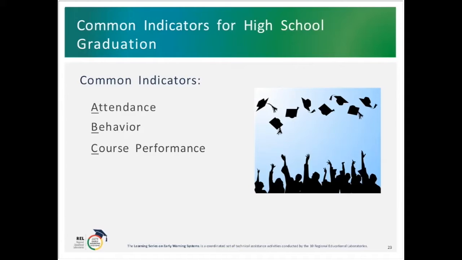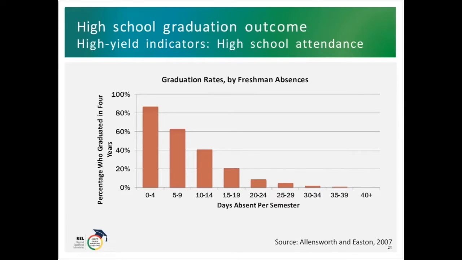These indicators are common for high school graduation, and they're also common for being used in middle grades or middle school for predicting high school graduation. But there are different cut points depending on what grade level you're focusing on. And I have another slide in just a few slides that gets to more explicit information about the variation of those cut points. But how do we determine what indicators are and where the cut points are?